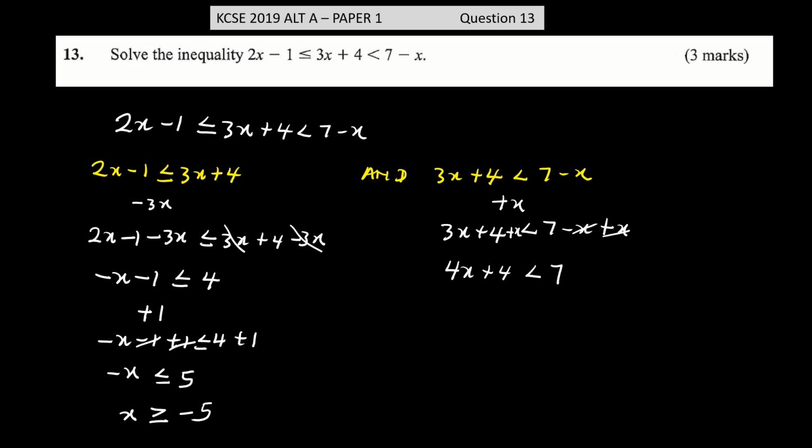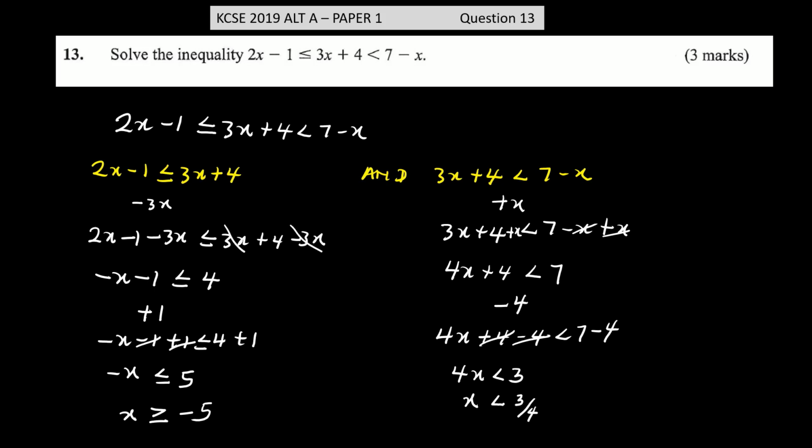To eliminate 4, we subtract 4 from both sides. It is 4x plus 4 minus 4 less than 7 minus 4. The plus 4 minus 4 cancel each other. We have 4x less than 3, and we can say x less than 3 over 4.